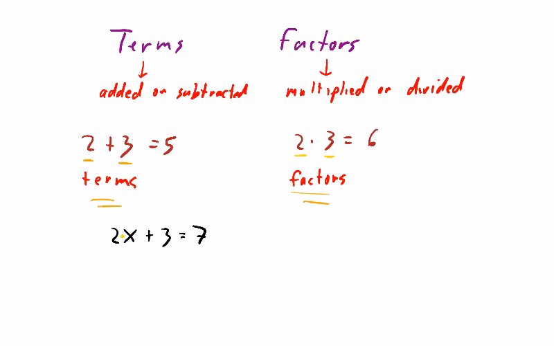So what will we say about this expression on the left-hand side of the equation? We could say that there are two terms, and underneath of that we could say that the first term has two factors.